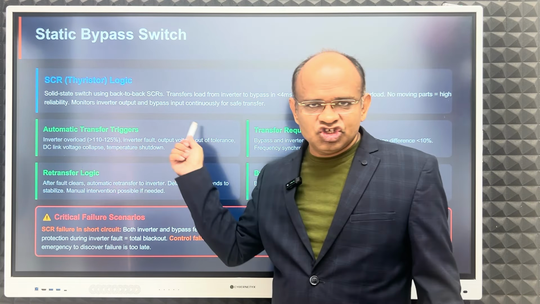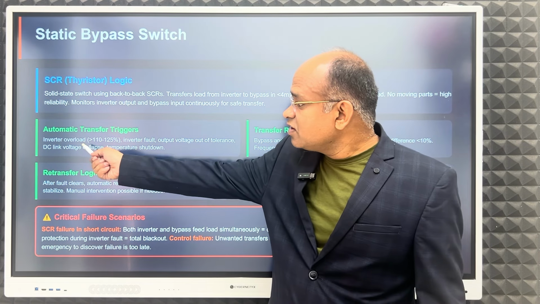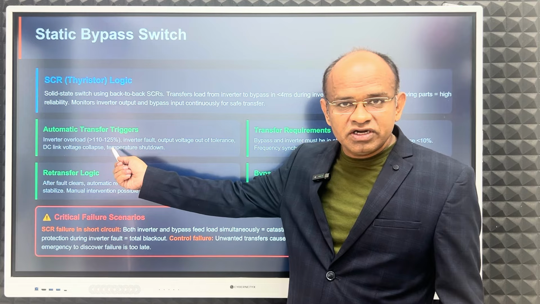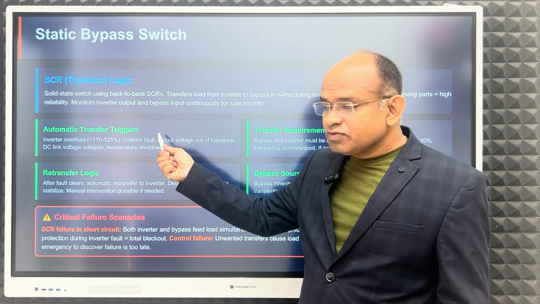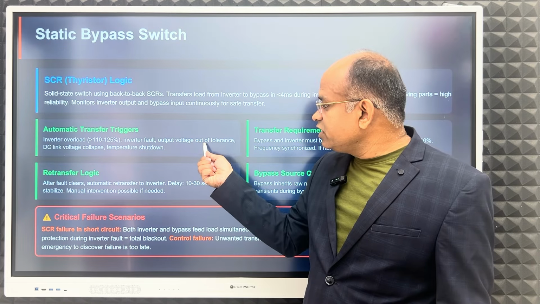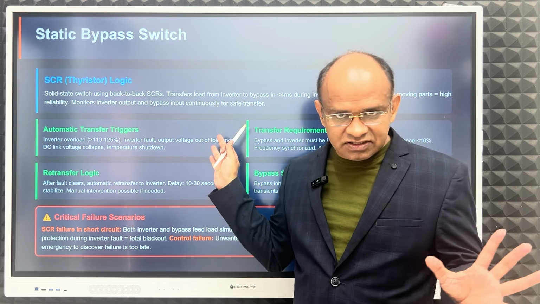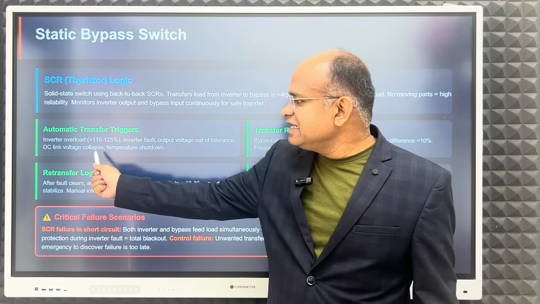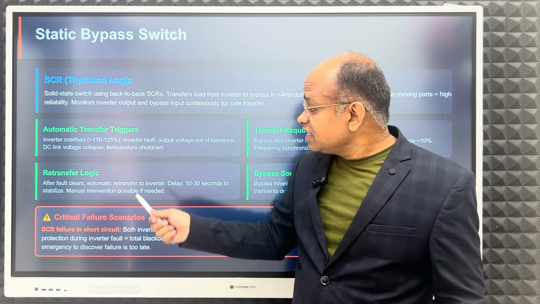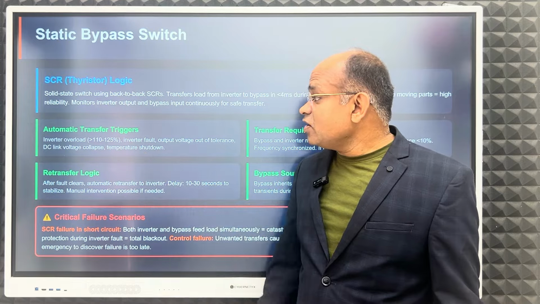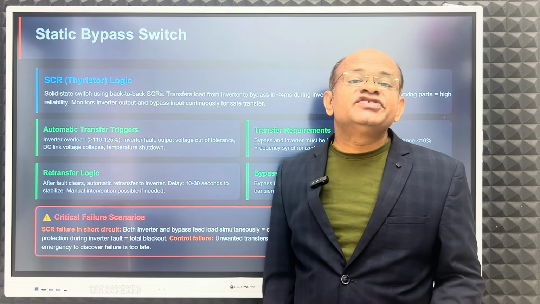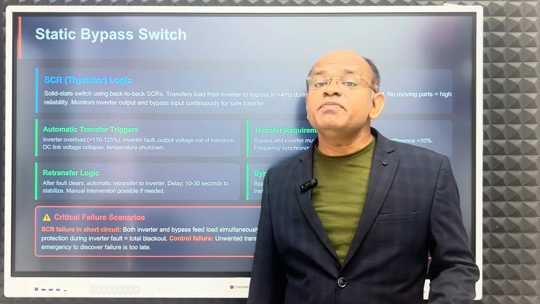In how many cases? Overload of 110 or 125%, inverter fault, output voltage out of tolerance, DC link voltage collapse and temperature shutdown. In these cases, this will trigger and it will put the load on bypass.